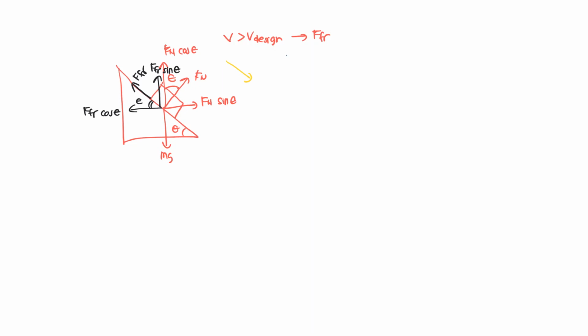So for the y component, this is the example if you move inward. If you move inward, you tend to skid inward. The y component is going to be Fn cos theta plus FFR sin theta minus mg equals 0, because it doesn't move upward. And your x component here is going to be Fn sin theta.